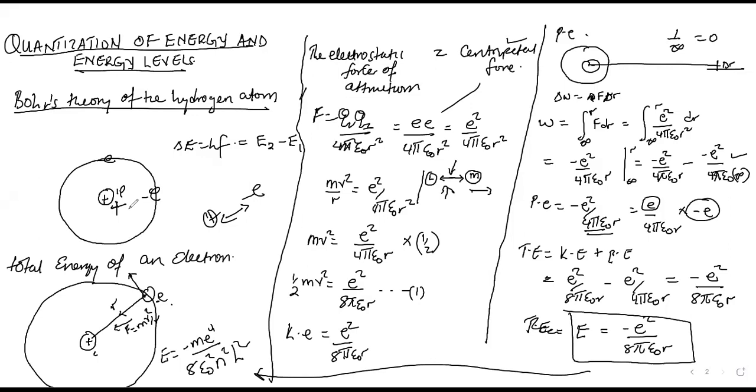But the work you're going to do is not supporting the electron to move closer. The work is supporting the electron to move away from where it is bound. So that work you do is negative. Reason: it is against the electrostatic force of attraction between the electron and the positive nucleus.